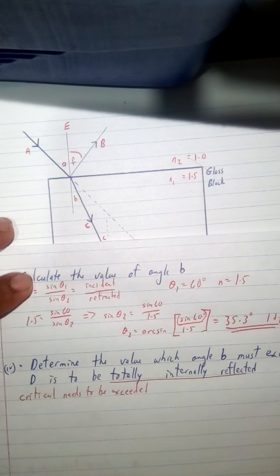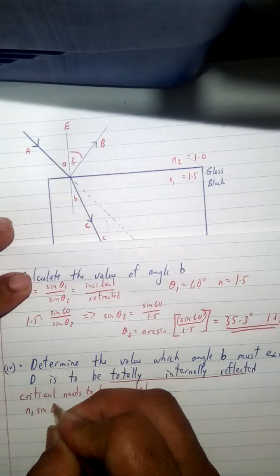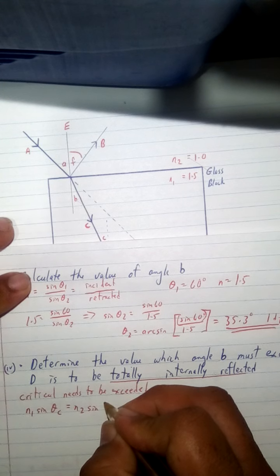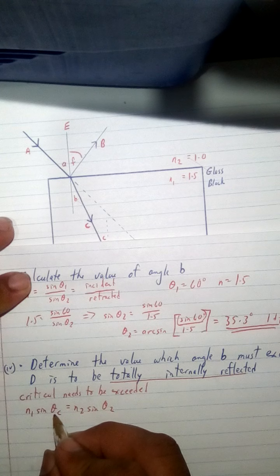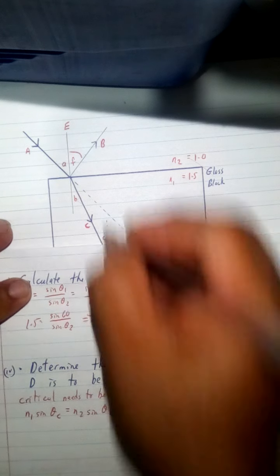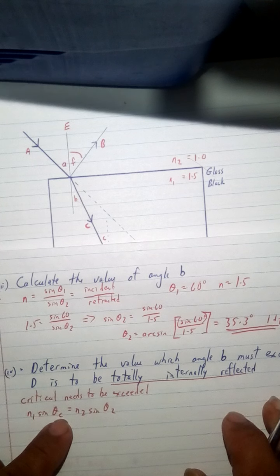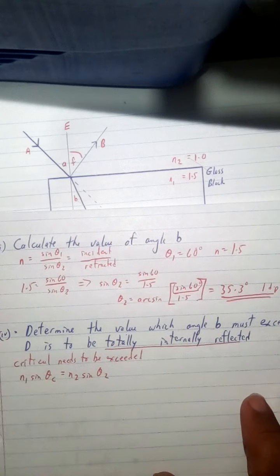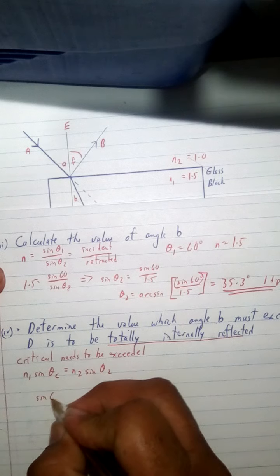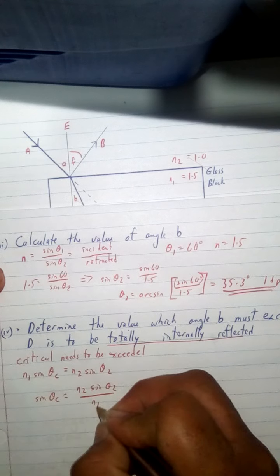Snell's law now tells us that n1 sine critical angle is equal to n2 sine angle 2, and we call this the critical angle because we want to figure out what is the critical angle in this one here, which is the second one originally. So this is just simply an angle, but we're going to call it the critical angle because that is what we're looking for. So we need to rearrange this equation to get this angle by itself. We end up with sine critical angle is equal to n2 sine angle 2 over n1.